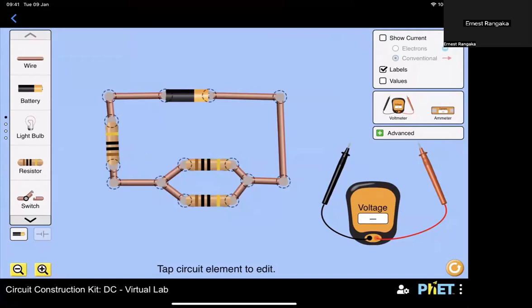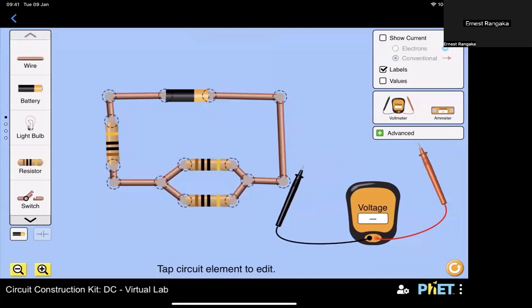Now let's look at what we're going to be doing. We want to look at V1 versus V2, V3 and V4. V1 was the voltage across our battery, V2 was the voltage on the left-hand side, V3 was the one on the top of the parallel, and V4 was the one at the bottom.